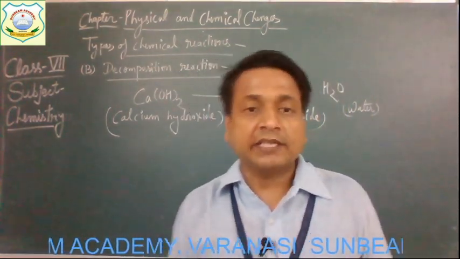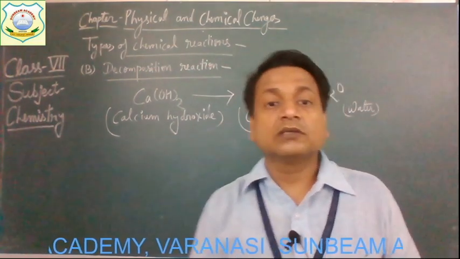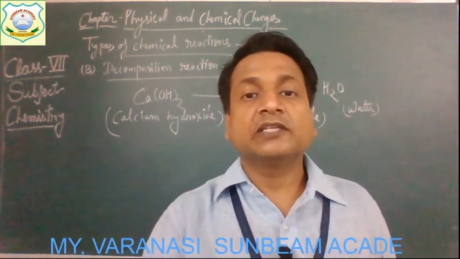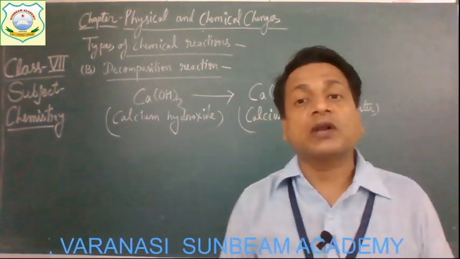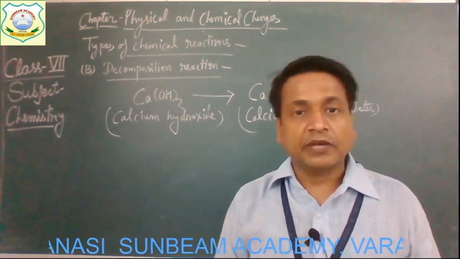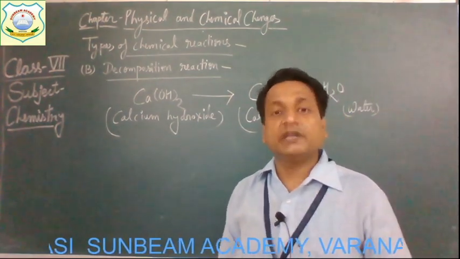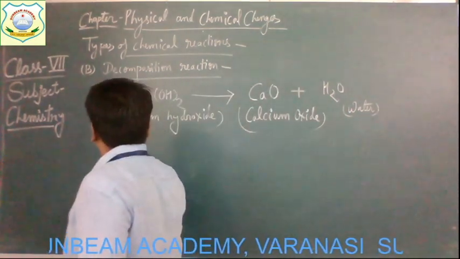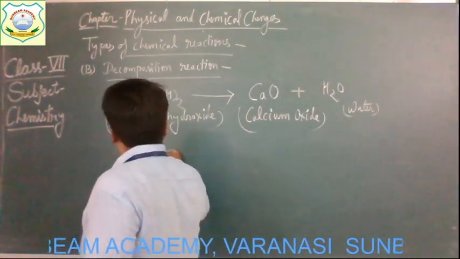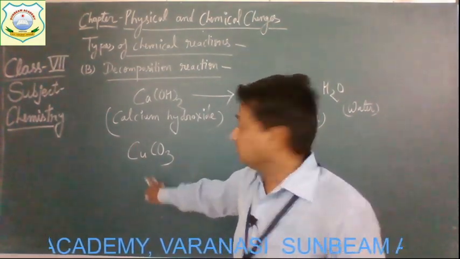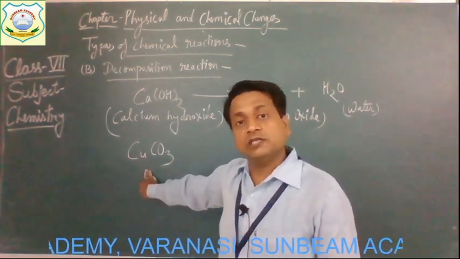Now take another example in which copper carbonate, after heating, breaks into copper oxide and carbon dioxide gas. So this is also an example of decomposition reaction. Copper carbonate: the formula is CuCO3.